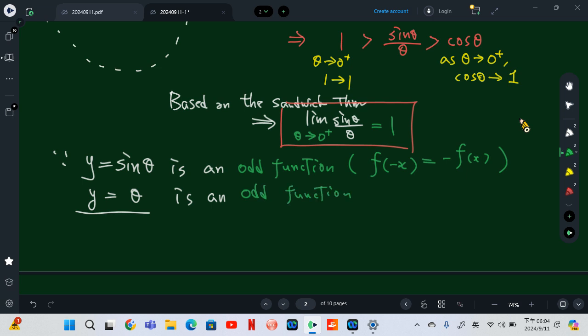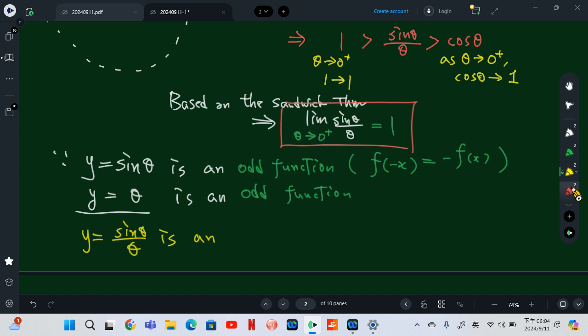So when we divide them together, y is equal to sine theta over theta will become an odd function or even function? Even function. Why? Because if this one can bring out one negative sign, this one also will contribute one negative sign, so they cancel together.